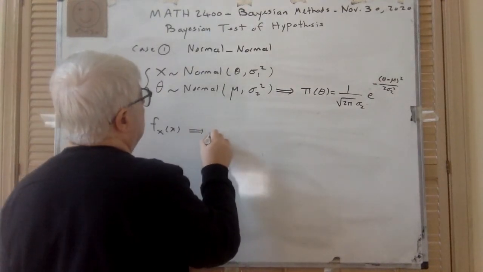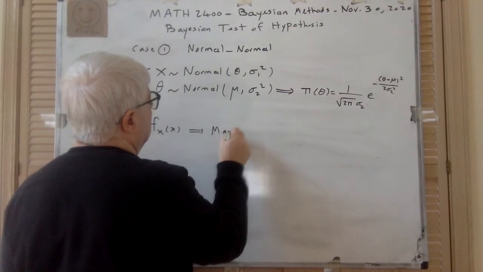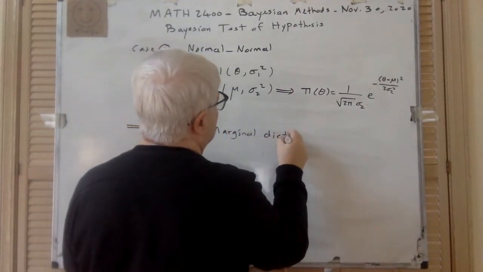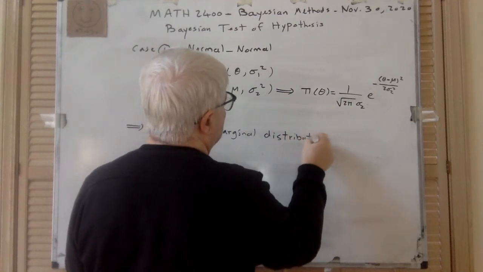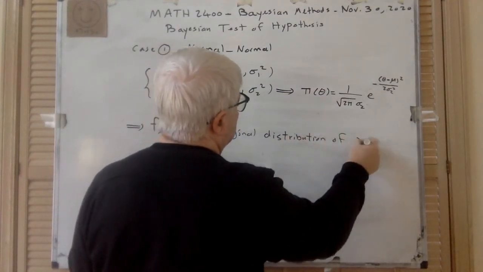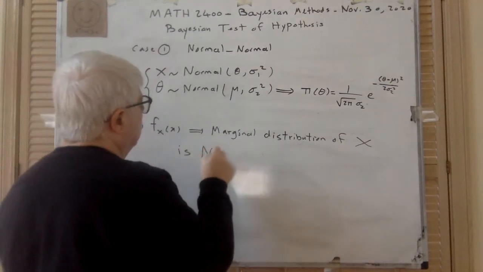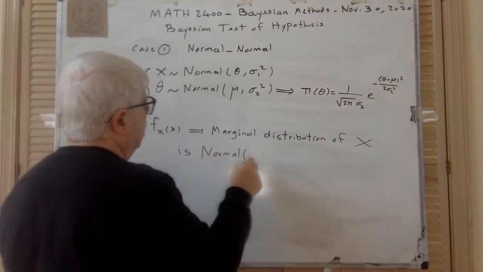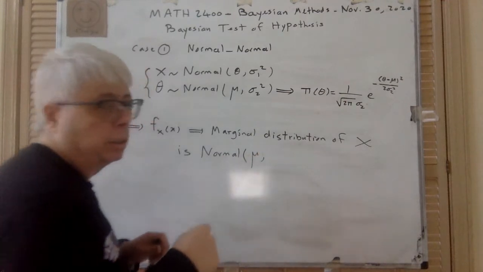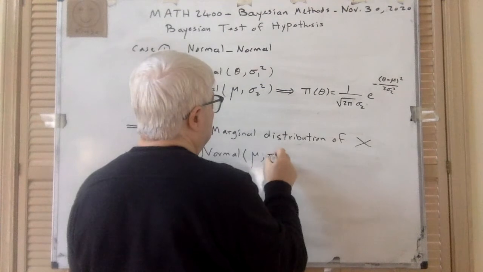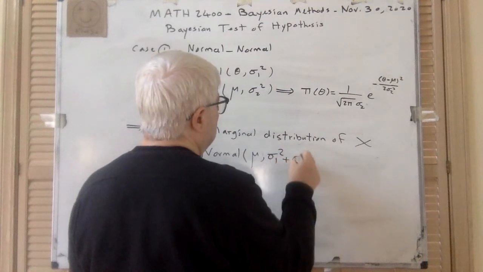I'm not going to write this out, but the marginal distribution of x is normal, in fact with mu and sigma 1 squared plus sigma 2 squared.